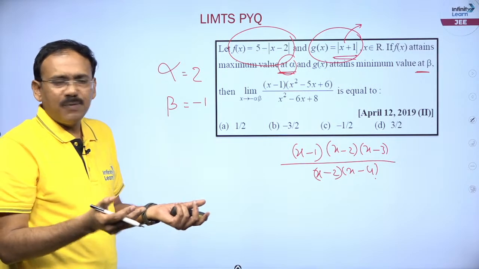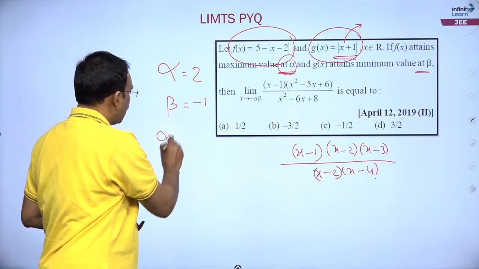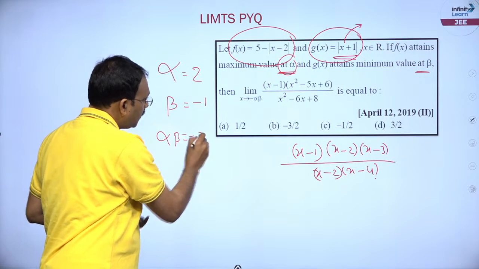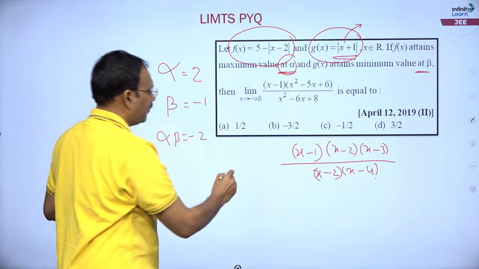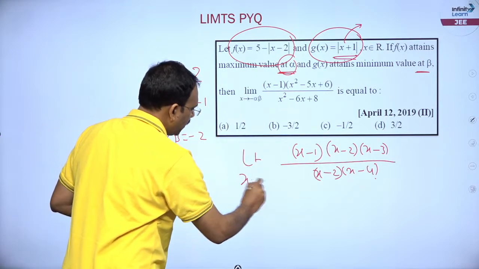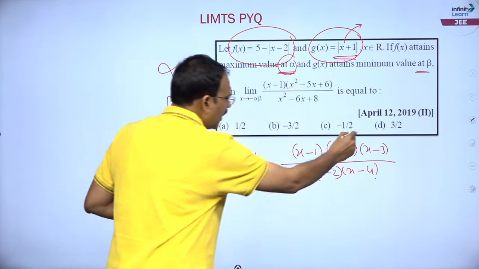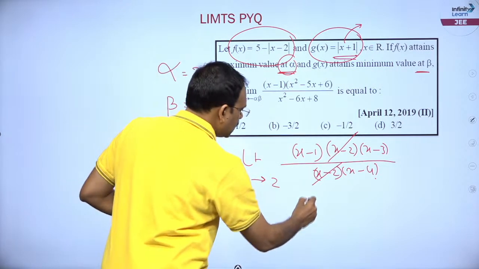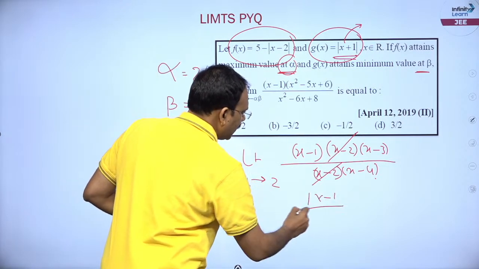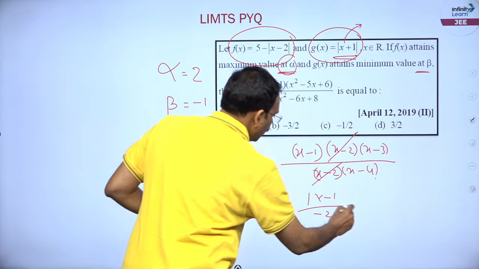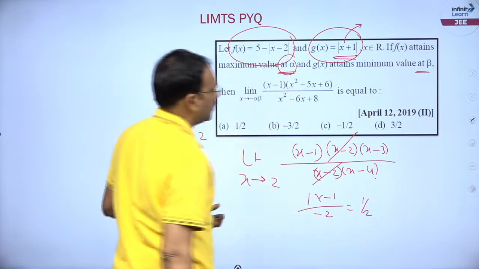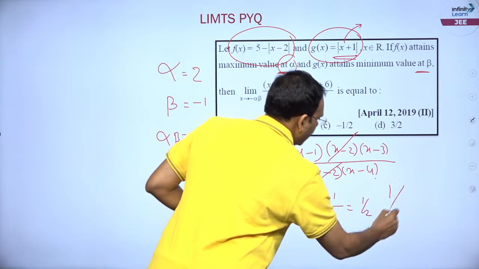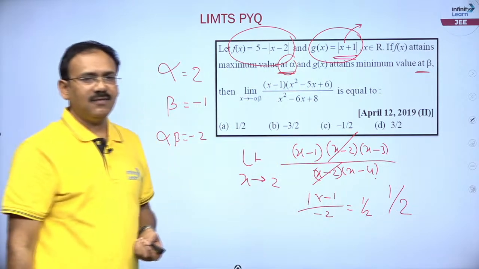Yes, two simple points. Alpha beta is going to be minus 2. So minus alpha beta is going to be 2, dear students. So you can cancel x minus 2, put x is equal to 2. This is 1 into minus 1 by minus 2, which is 1 by 2, dear students. 1 by 2. That's all.